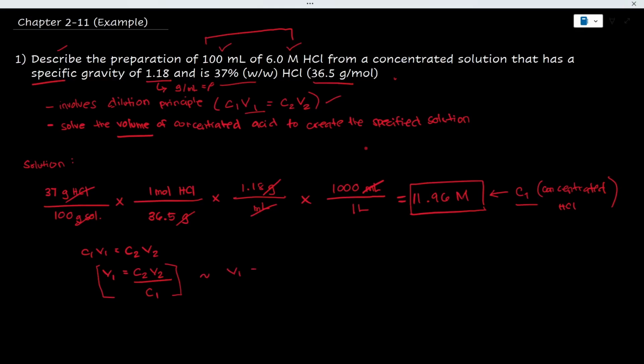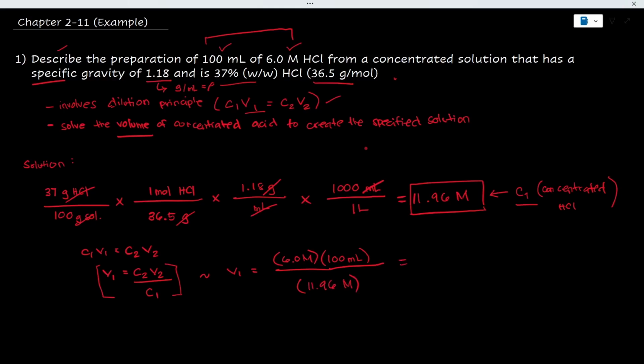So V1 is, with C2 as 6.0 molar and V2 as 100 ml, our final solution, over the initial concentration, which we have solved, of 11.96 molar.